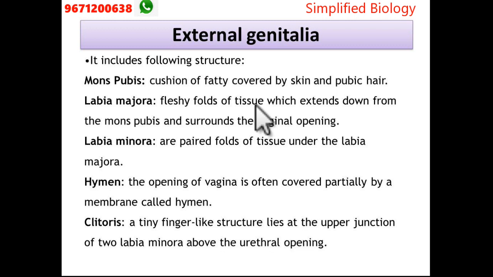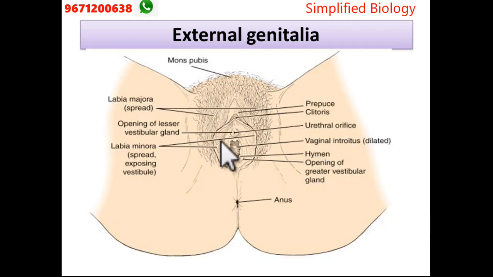Then the external genitalia. You come directly to the structures. The external genitalia is a combination of a few things. Remember, these are the things. The first is named the mons pubis.